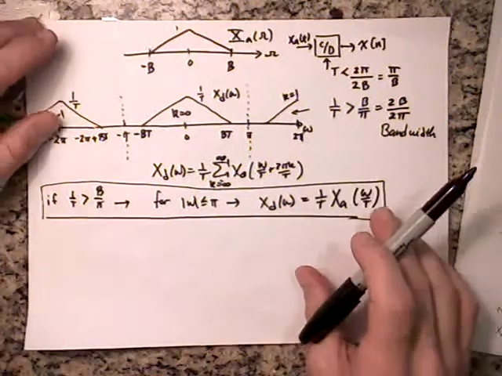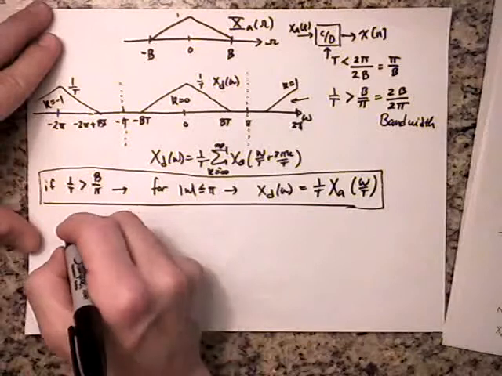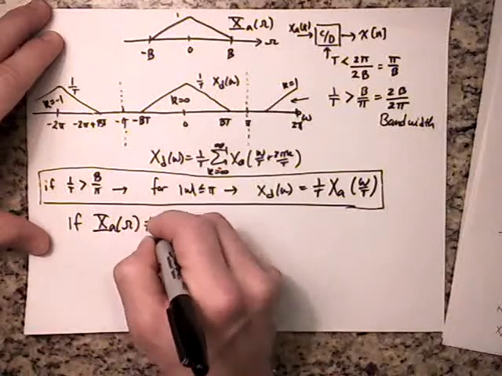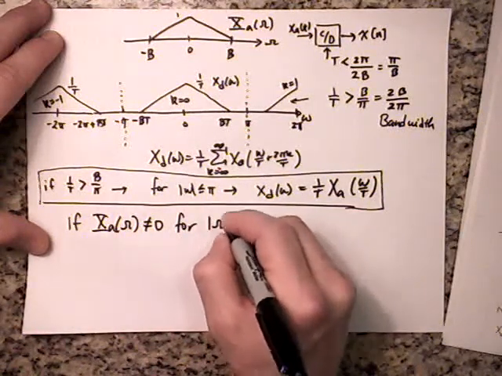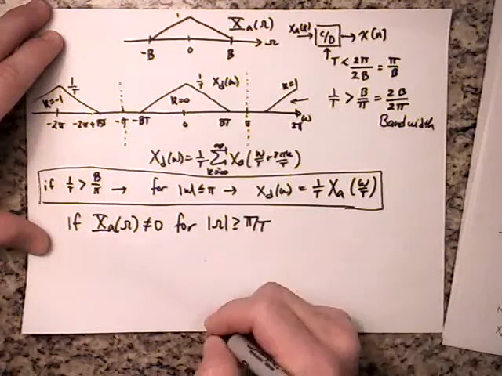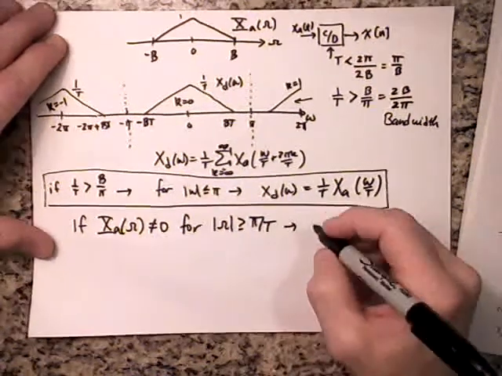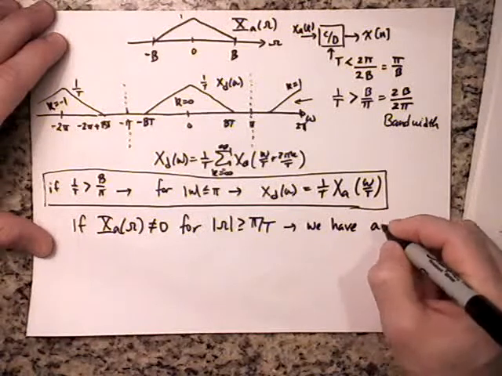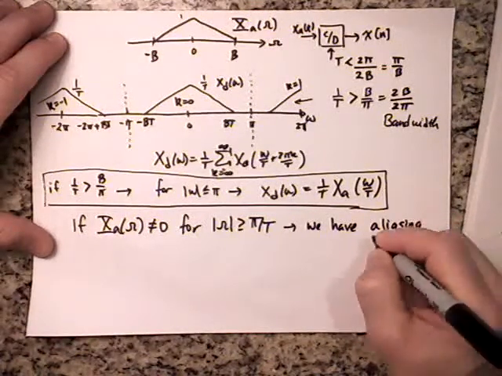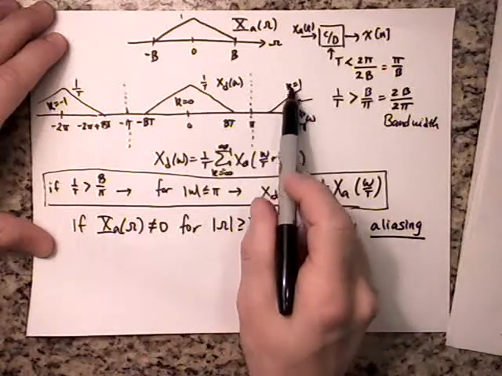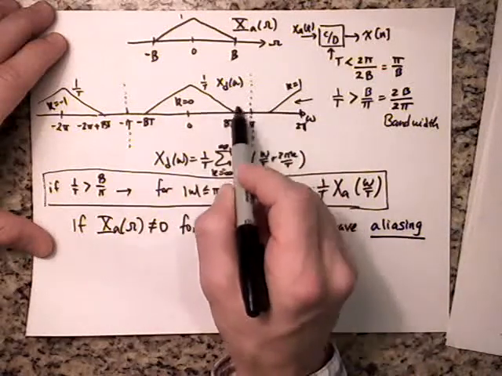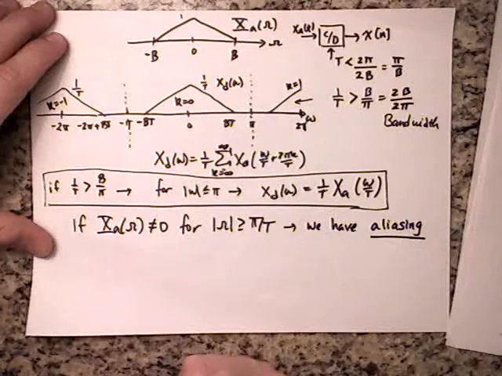In other words, if X_a of omega is not 0 for the magnitude of omega greater than or equal to pi over T, then we have aliasing, where some of the frequencies in this copy leak into the range from minus pi to pi, and they masquerade, or alias, as lower frequencies. So let's take a look at an example like that.